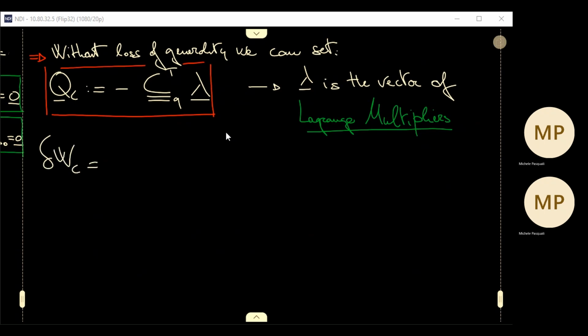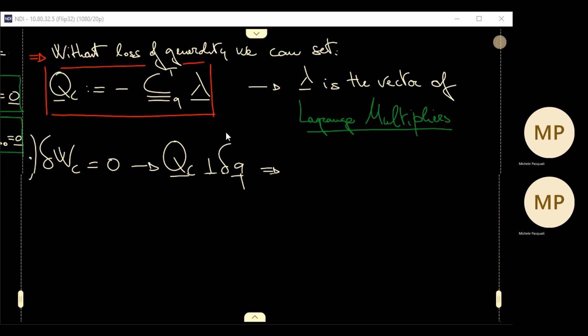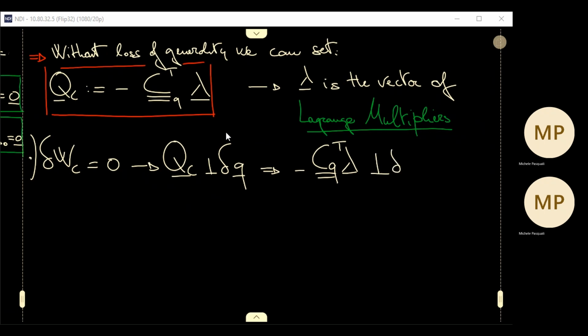Since in any case our constraints are workless, we have the QC perpendicular to delta Q, and therefore minus CQ transposed over lambda is perpendicular to delta Q. Okay?